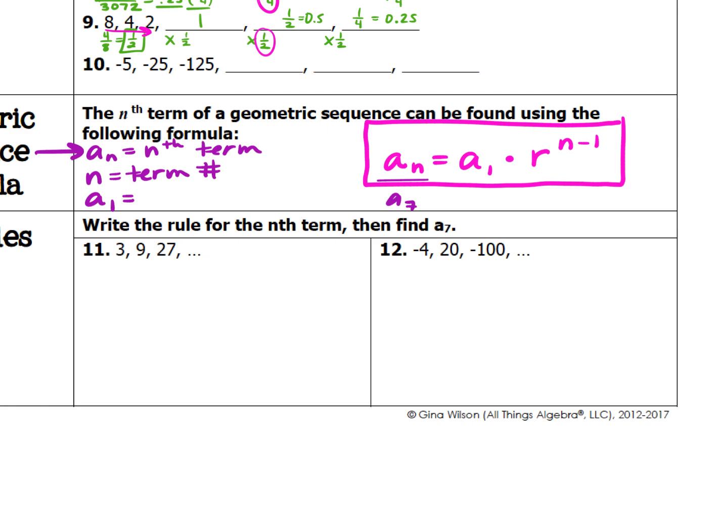A sub n is the nth term, so a sub 1 is the first term, okay? So a sub 1 will be the first term, the first number in your sequence. Okay, so now we're going to take some of what we've talked about already and put it into this formula setup. Oh, I didn't tell you R. Sorry. R is your common ratio.